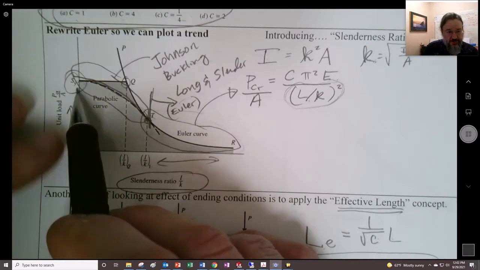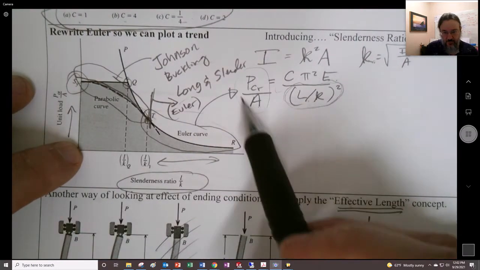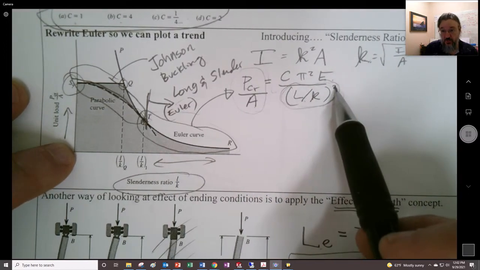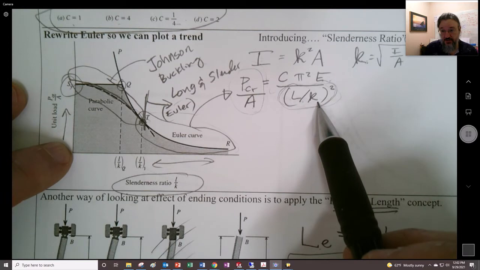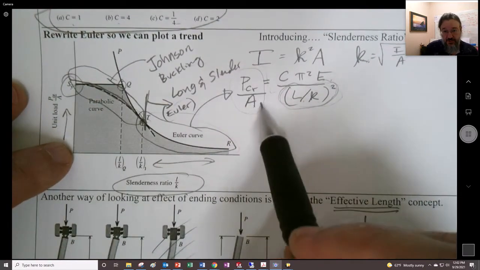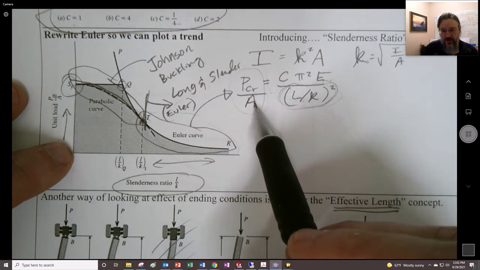But we could also plot it out by taking a slenderness ratio, which is just the length over the radius of gyration. We could plot that versus the critical load divided by the area.